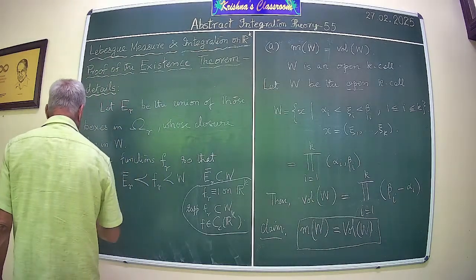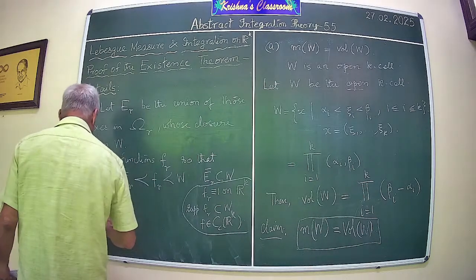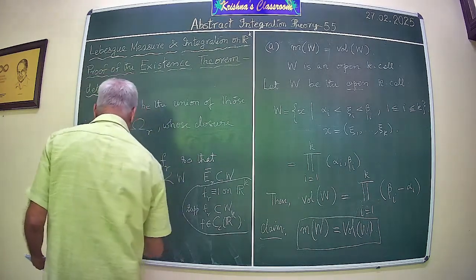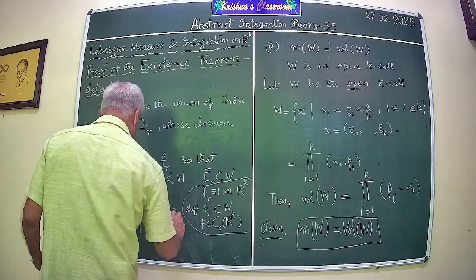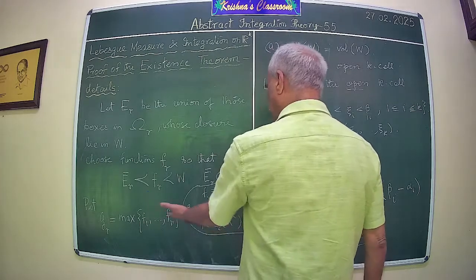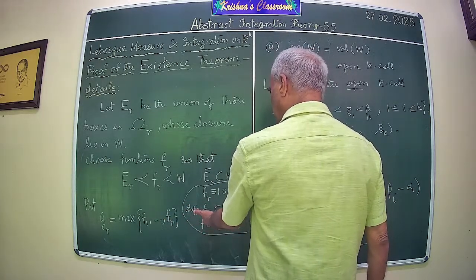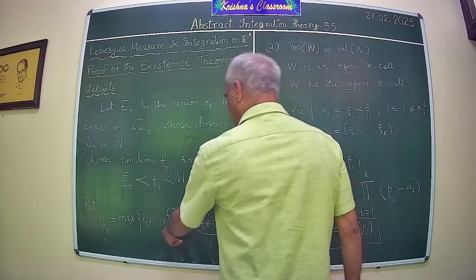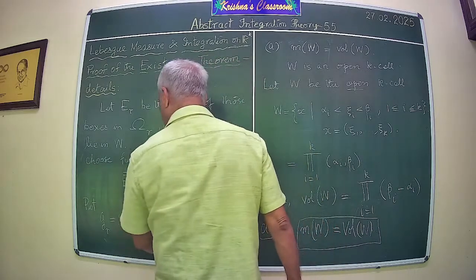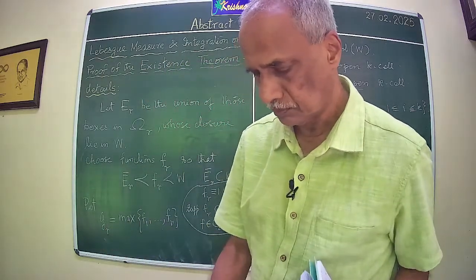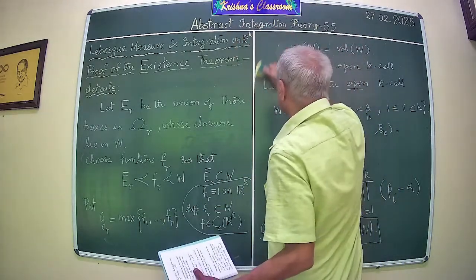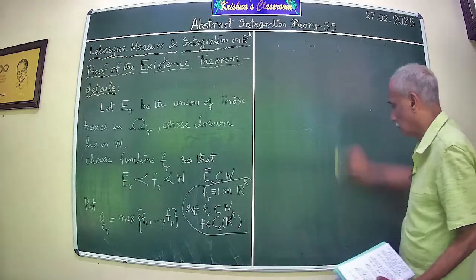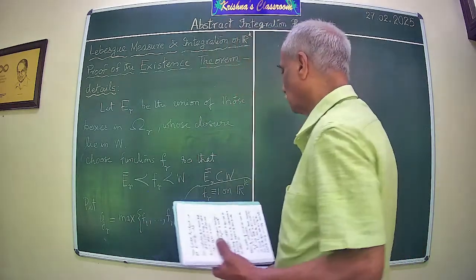Put GR equal to maximum of, so corresponding to R equal to 1 you have an F1, R equal to 2 you have an F2, etc. So these finite number of functions you take, and the maximum of these functions you take as GR.